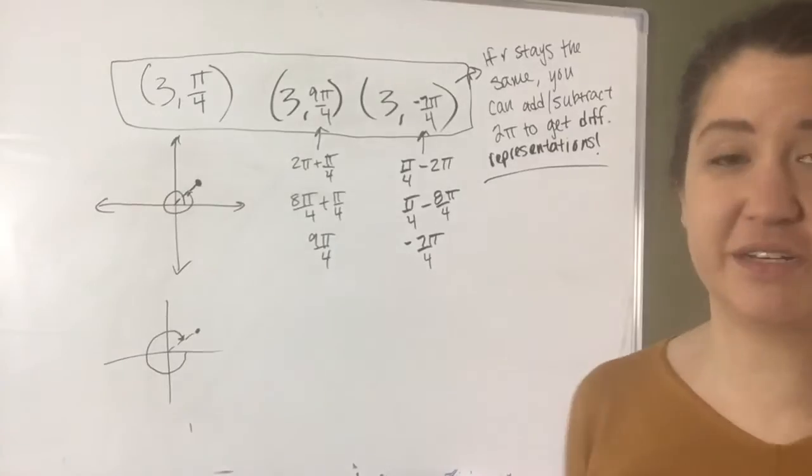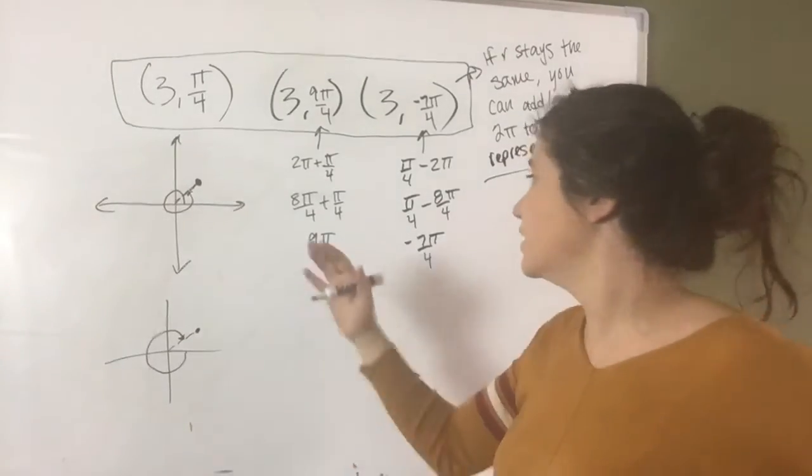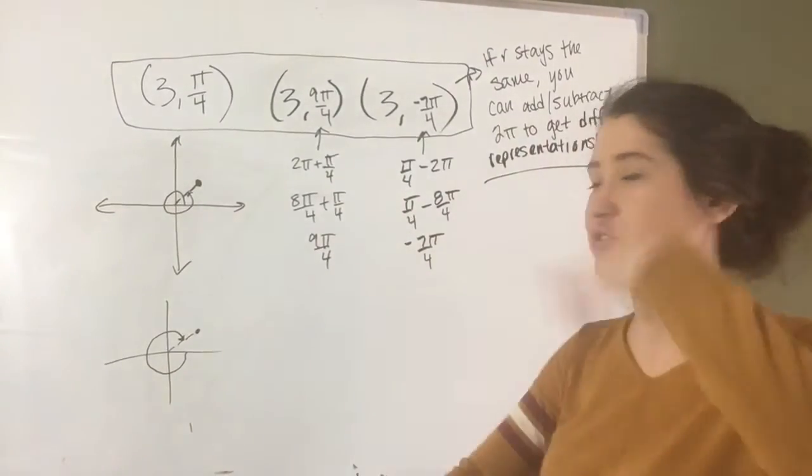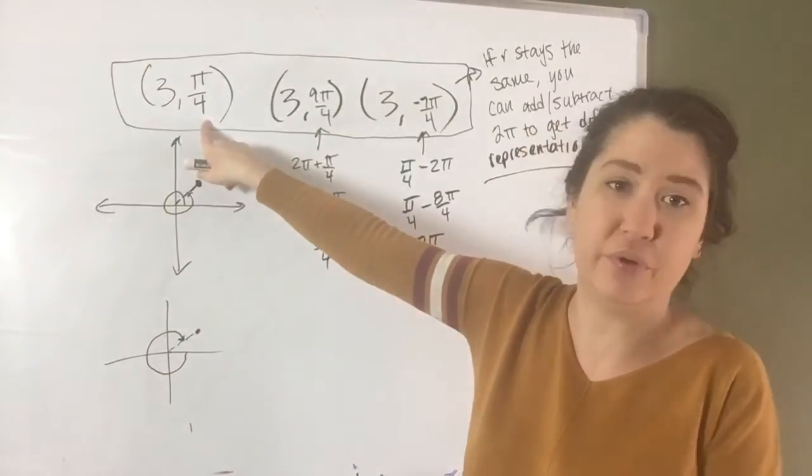And you can add or subtract it as many times as you want. So we could keep on adding it over and over again, or keep on subtracting it over and over again, always from the starting point, which was pi over 4.